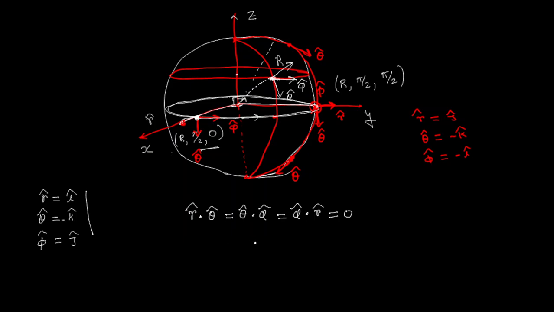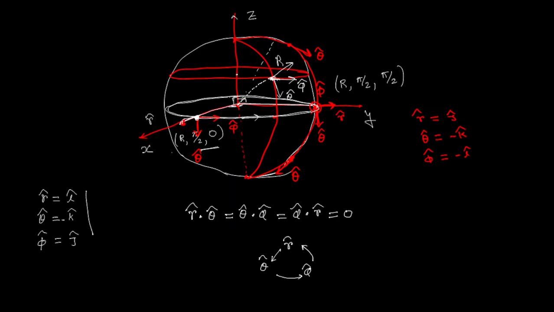And the second thing, if we write it this way, r cap, theta cap, and phi cap. That means if we take the cross product of r cap with theta cap, that will give you phi cap. And if you take the cross product of theta cap with phi cap, that will give you r cap.